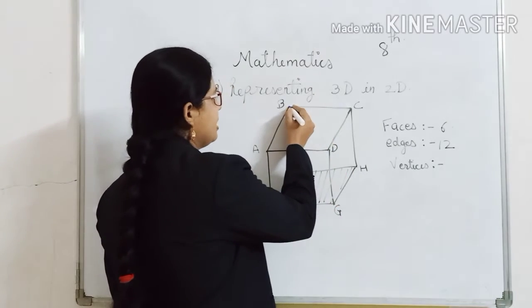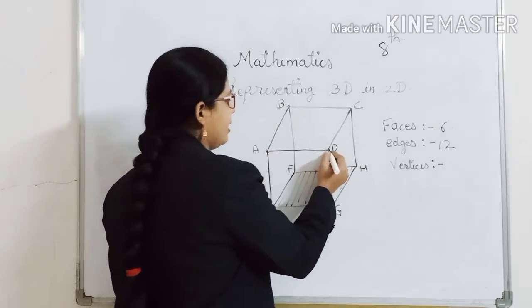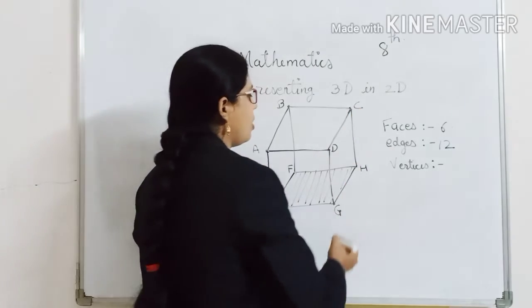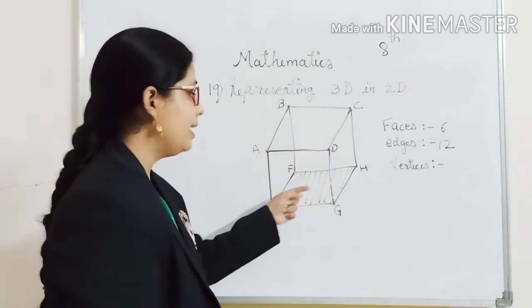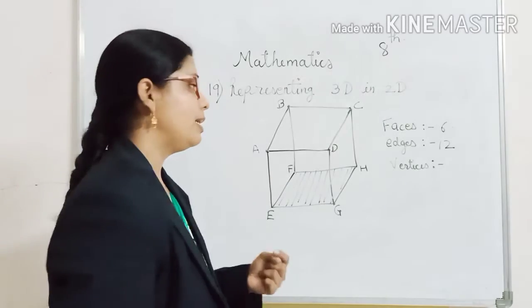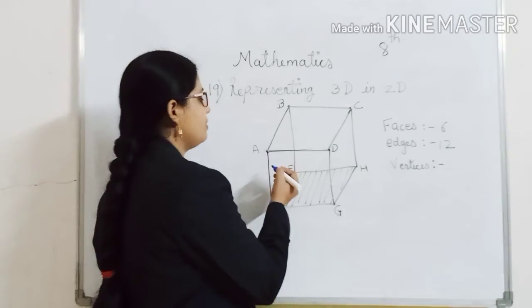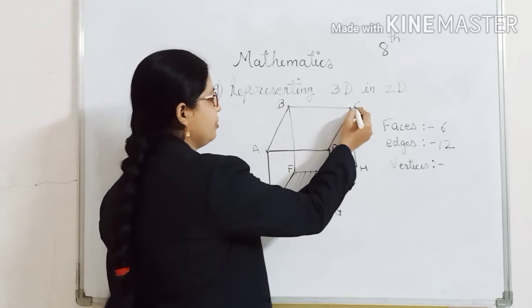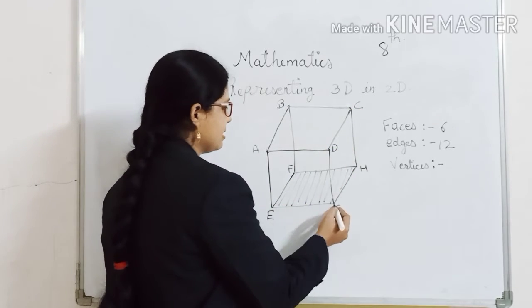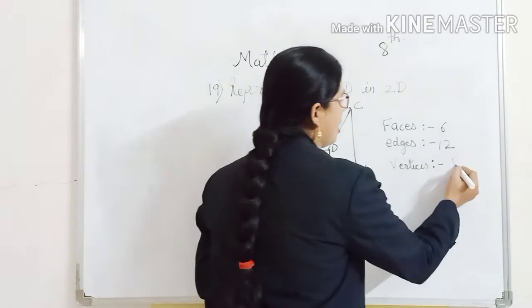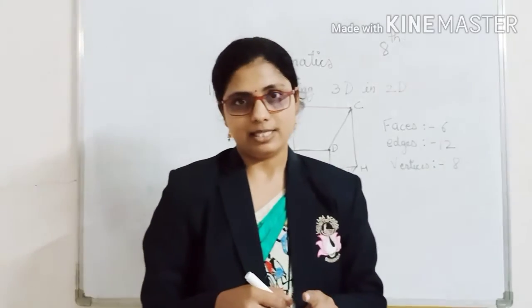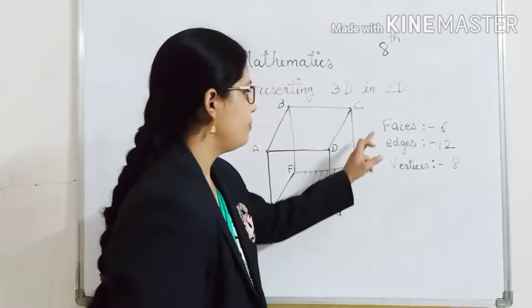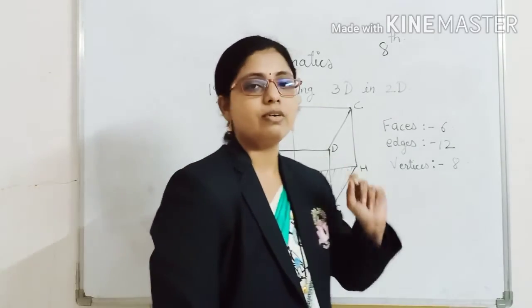Here you can see A, B, C, all these points, wherever you can see the names given, they are known as vertices. Let us count the vertices of this figure: 1, 2, 3, 4, 5, 6, 7, 8. So 8 vertices. This is the meaning of faces, edges and vertices.